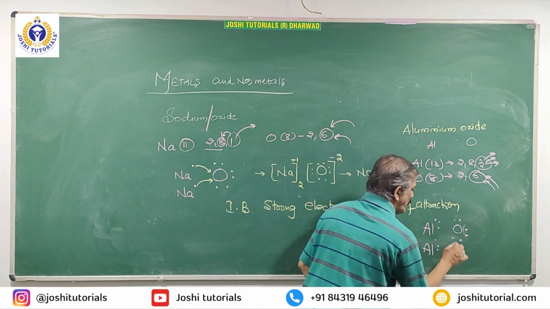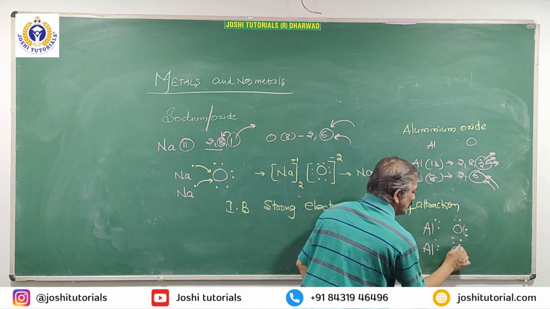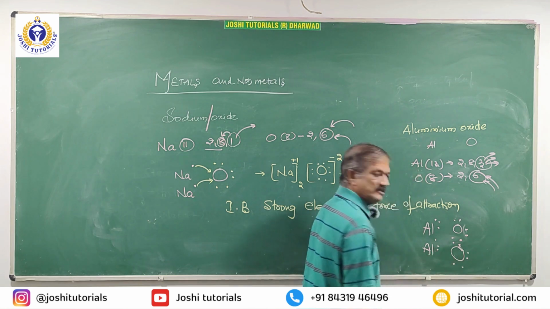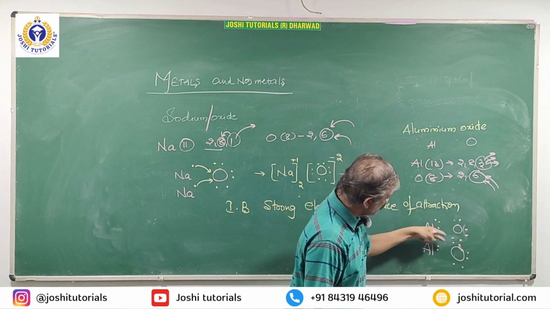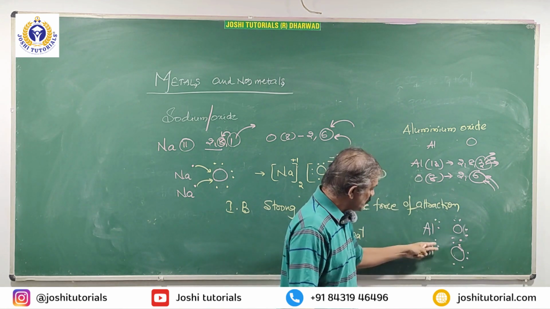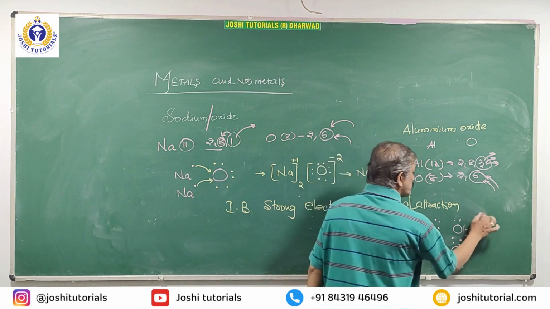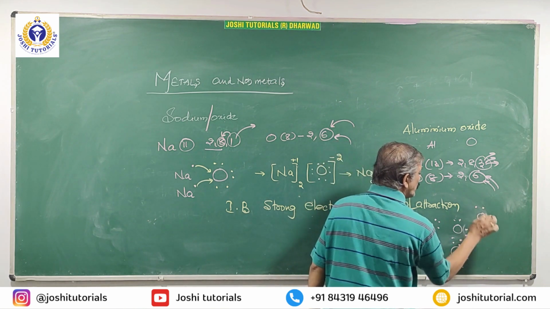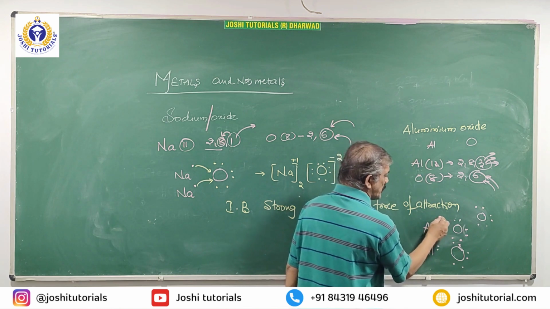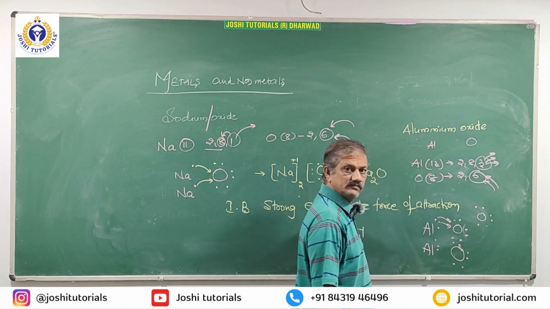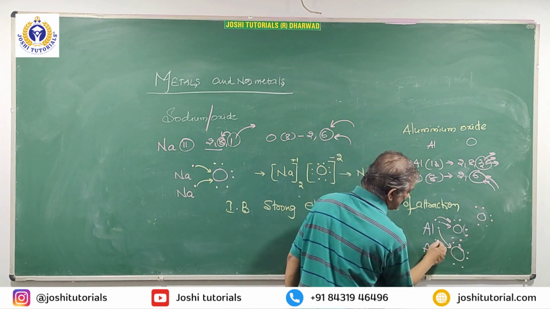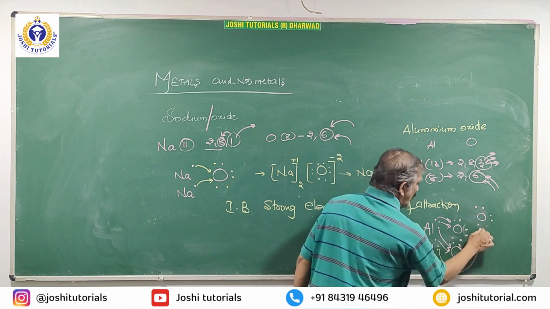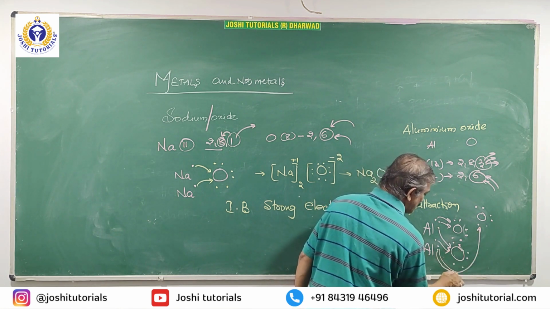Another oxygen, 1, 2, 3, 4, 5, 6. 2 here, 2 here. This oxygen is satisfied. 2 more are left. So one more oxygen. 2 are donated here, 2 are donated here, and 2 are donated here.